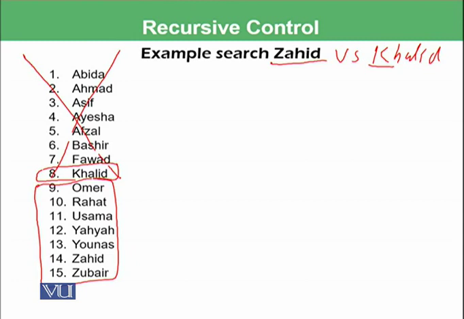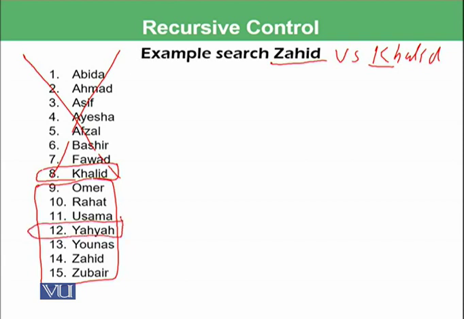So next time we have the sublist only starting from the 9th position until the 15th position, and then again we are trying to find the midpoint. So 1, 2, 3, 4, 5, 6, 7. 7 are the total elements, and the midpoint is 1, 2, 3, 4.